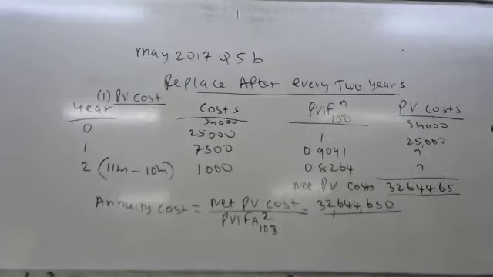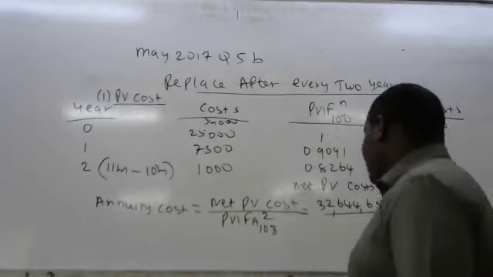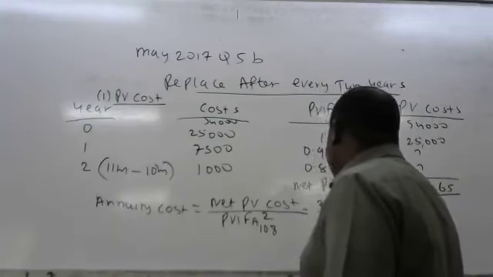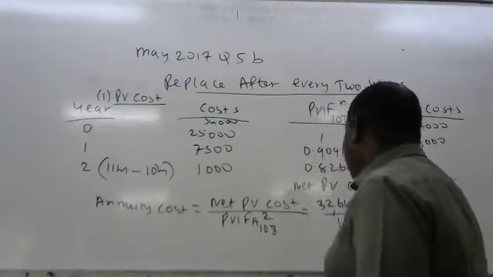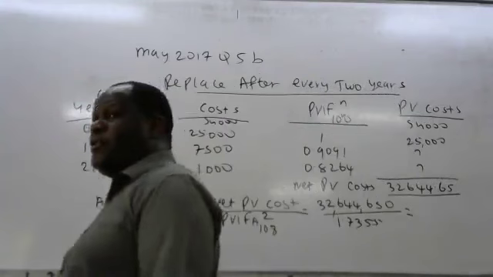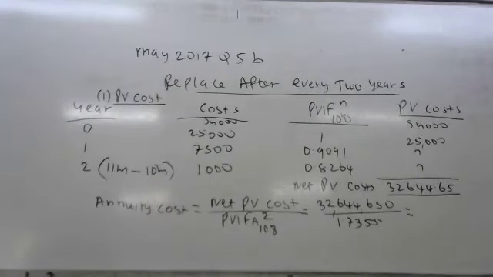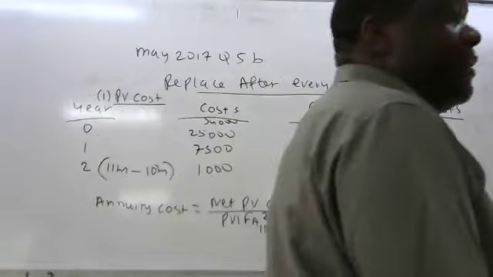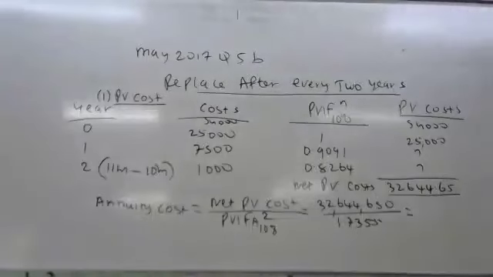Then 10% in year 2 was 1.7355. Yeah, so that is now the annuity cost when we are replacing after every 2 years.